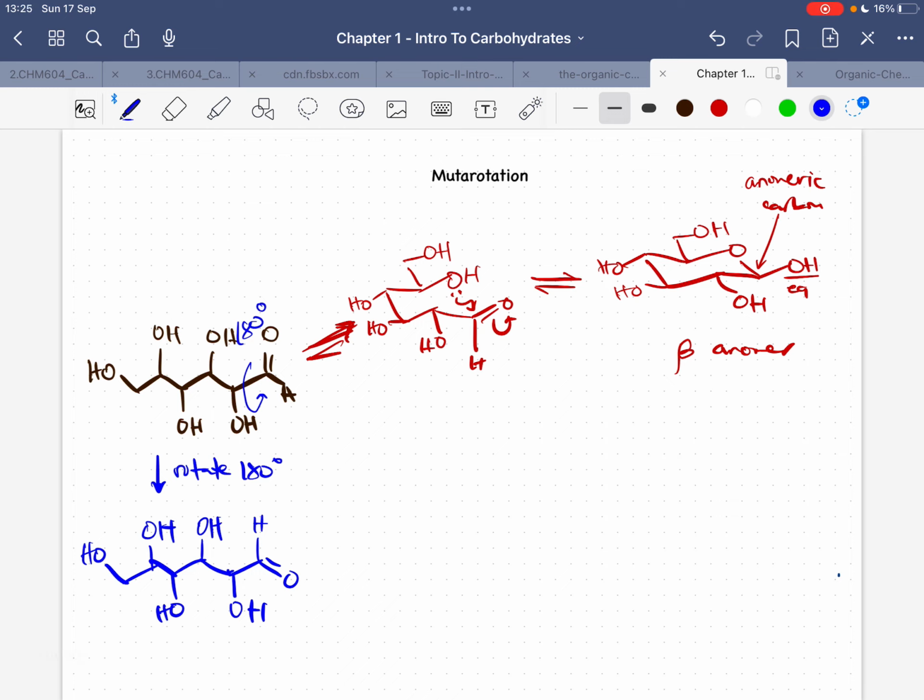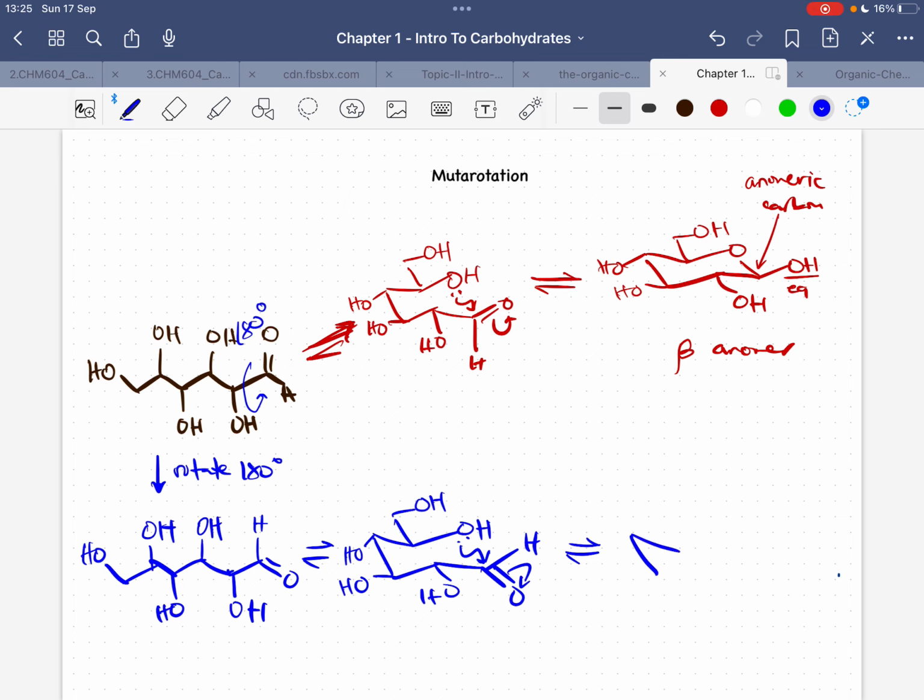Okay? So if this happens, it is still the same phenomenon, adopting the cyclic-like open chair form. But this time, the carbonyl oxygen is down and the H is up. So if this happens, if cyclization happens, okay, sorry.